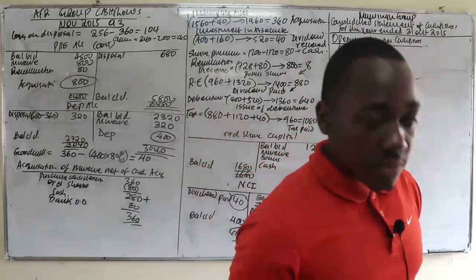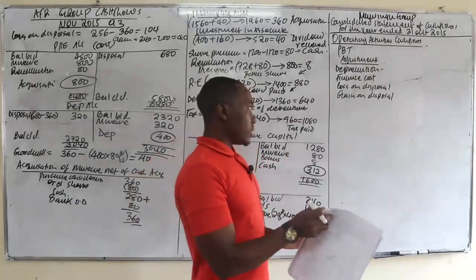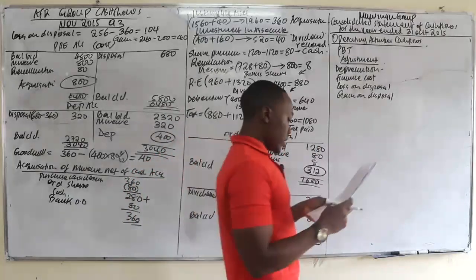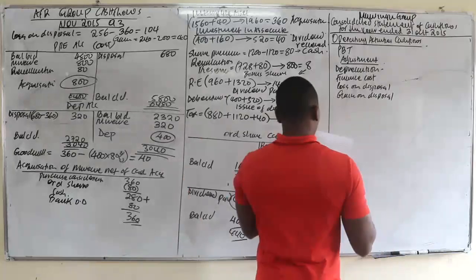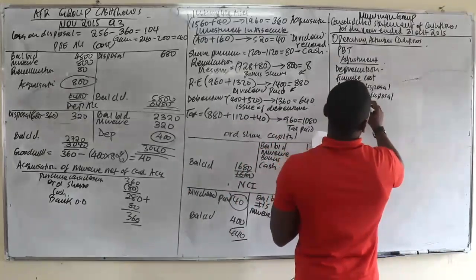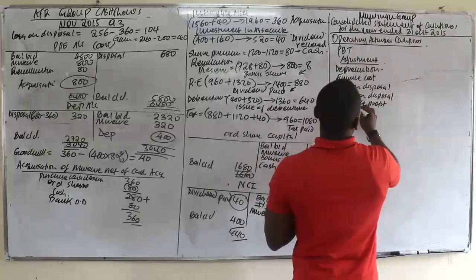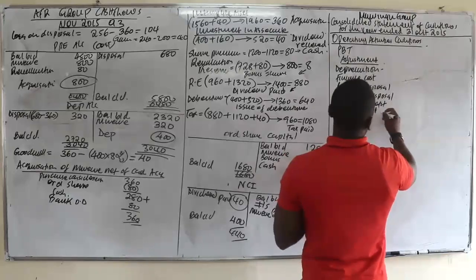Let's go to the other incomes. Anything under other incomes is non-operating. We have share of associate profit. Also, we have investment income. Eliminate them. They are not part of operating.